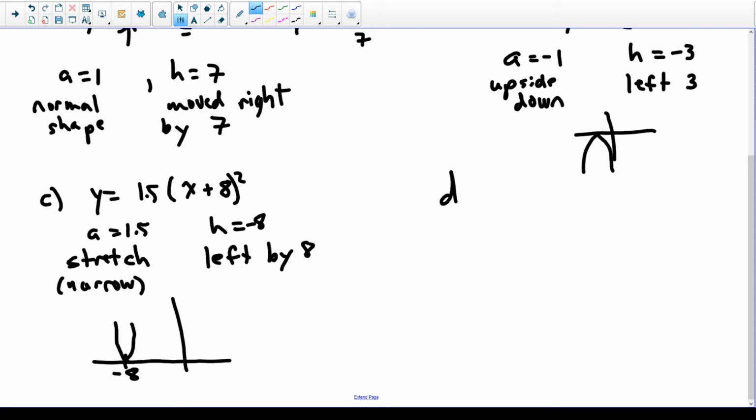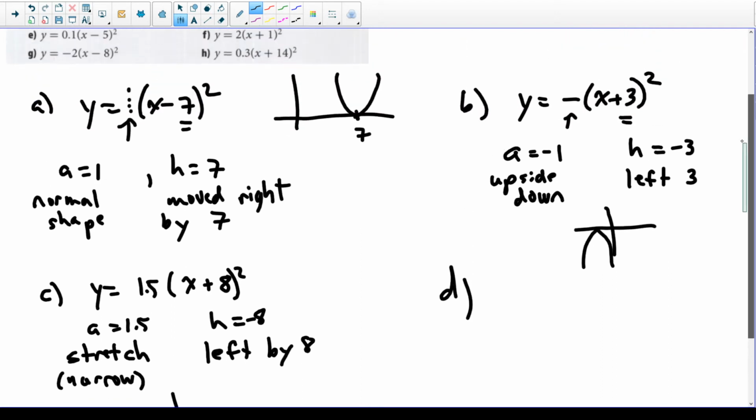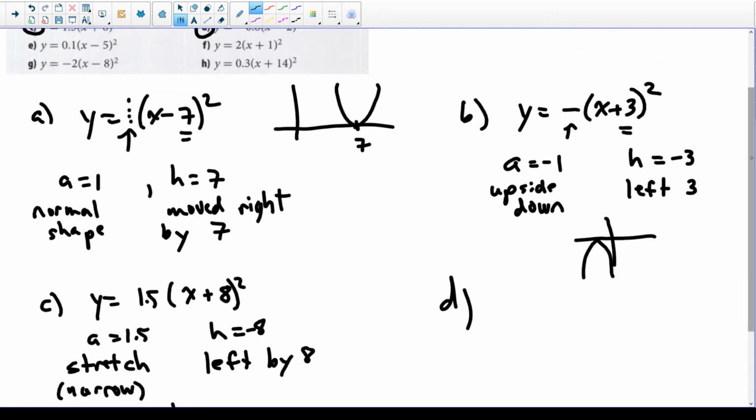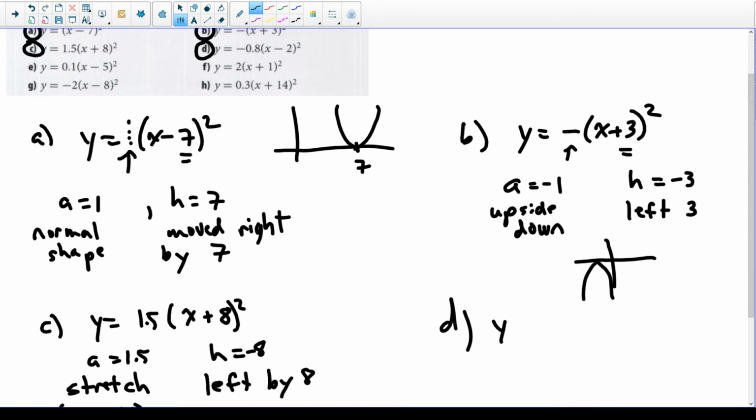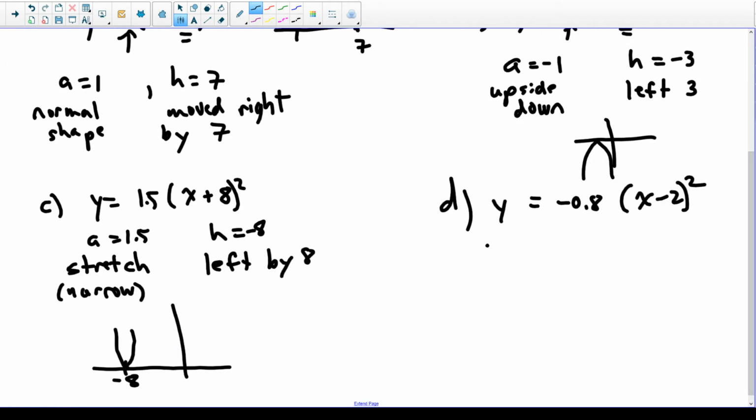For D, what do we got? y is equal to negative 0.8 times (x minus 2) squared. So our a value is negative 0.8. Our h value is 2. So what does negative 0.8 mean?